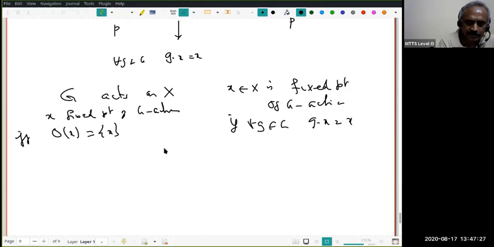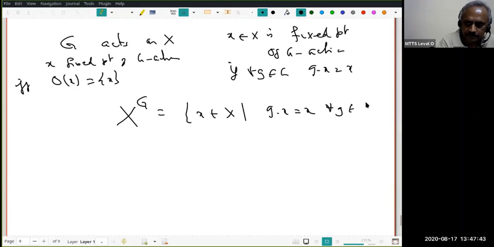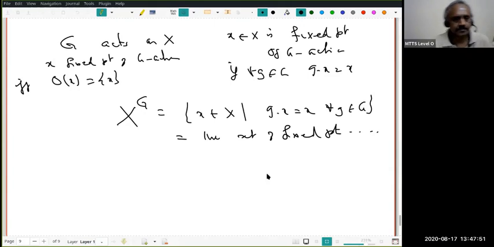Is that clear to you? Yes. So what we had here, and again in algebra textbooks, the standard notation X^G: the set of all X in X so that G dot X equal to X for all G in G. That is the set of fixed points of the G action.